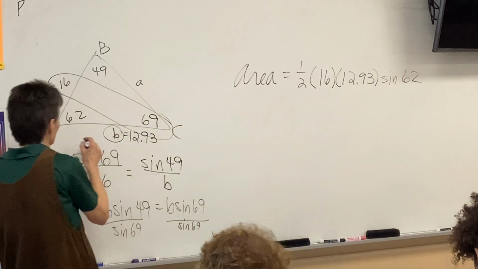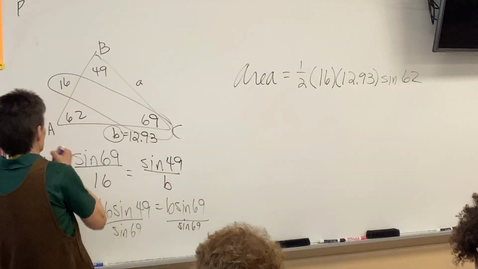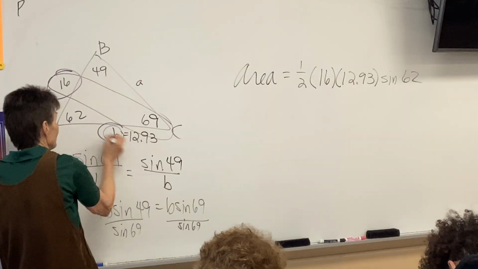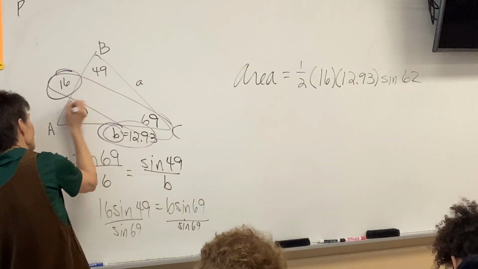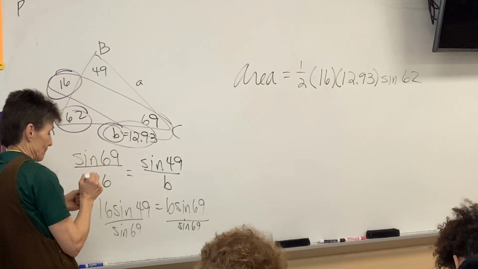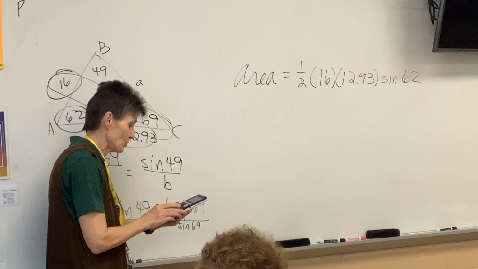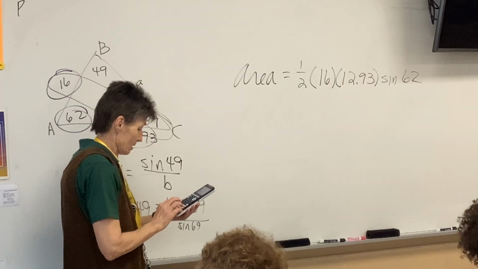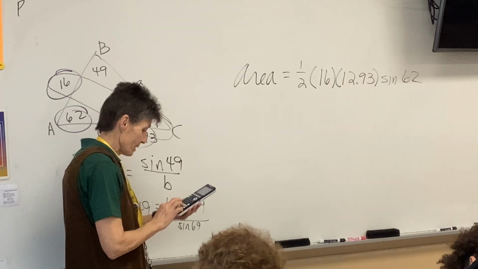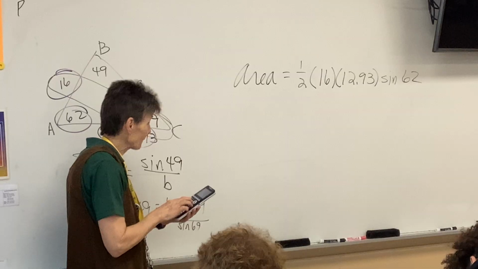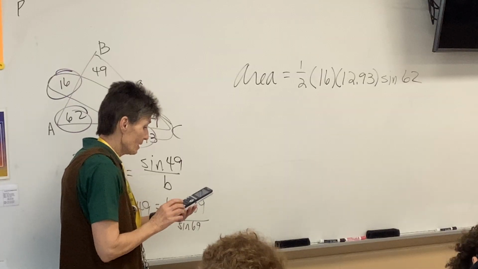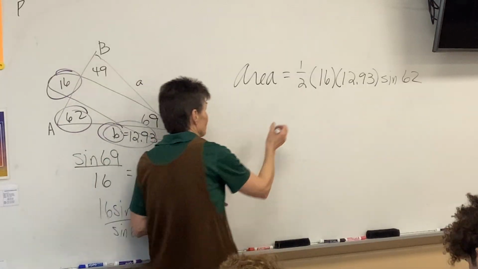Make sure if you're using this side and this side, you must be using this angle. You have to use the angle that's between your sides. So what do we get for the area? 91.33.